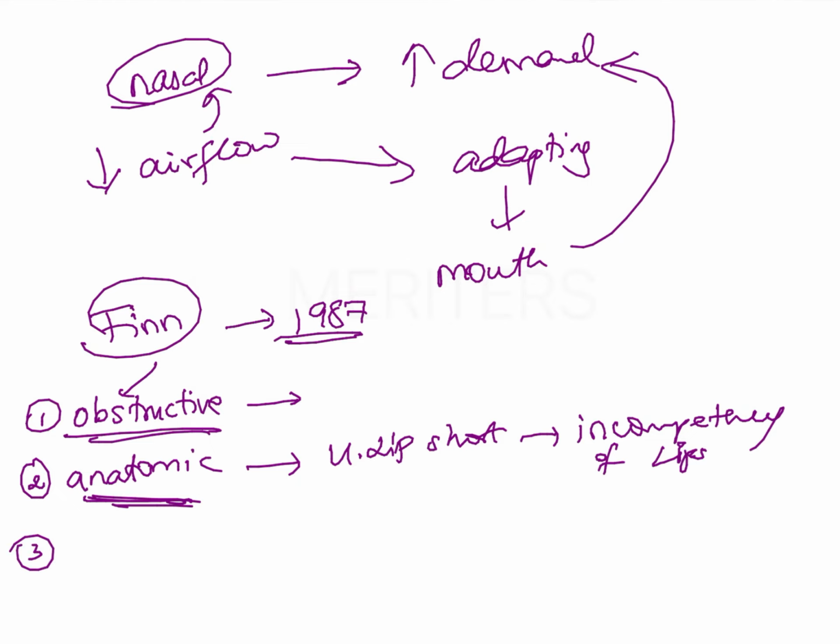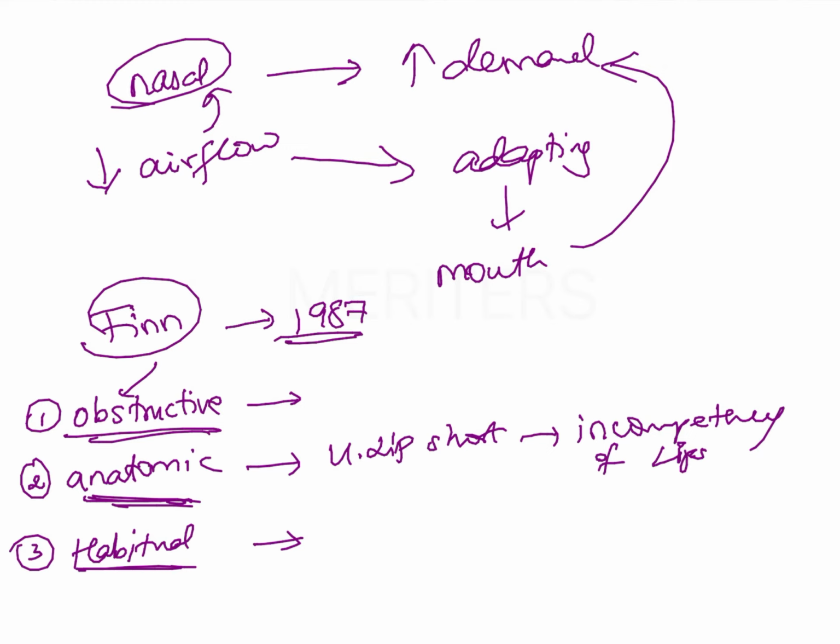The third type of mouth breathing according to Finn was habitual. In the habitual type, he suggested that it is usually seen in children who continue to breathe through the mouth out of habit.